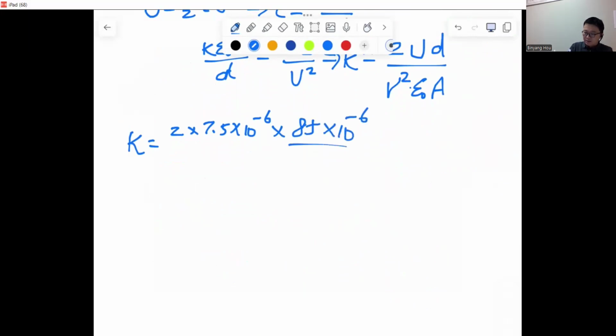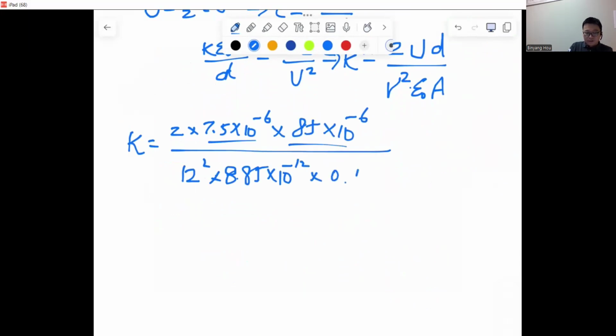That's D, that's U, over volts V, 12 volts, 12 squared, times 8.85 times 10 to the minus 12. Again, area is given, 0.0440.